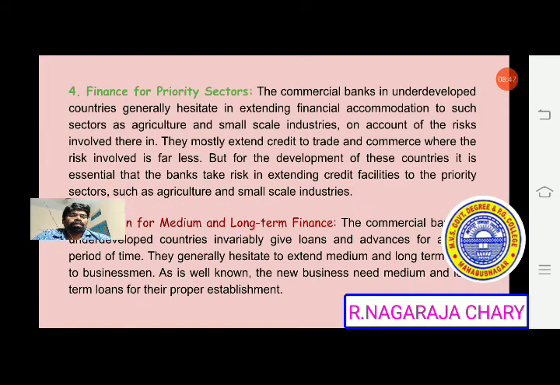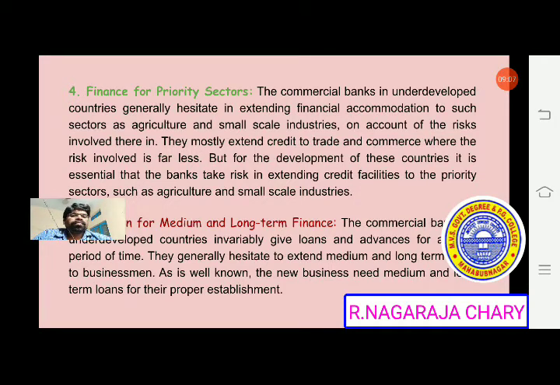So India is based, most of the people depend upon agriculture only, and unorganized sectors.